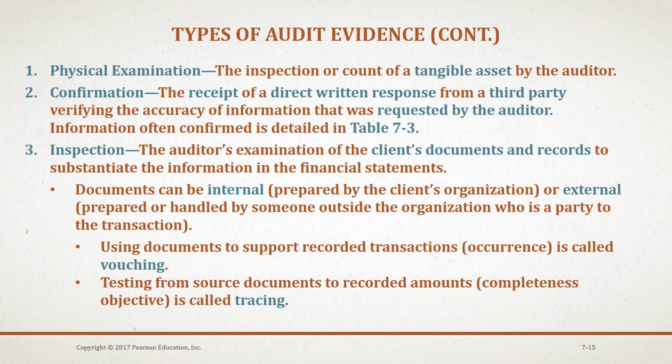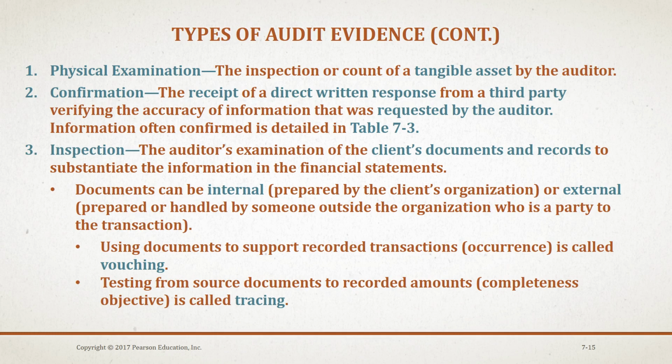So again, if I'm looking at the general ledger and I pick some items to view, I am vouching those items. Vouching. If I am testing a source document to recorded amounts, that's called tracing.